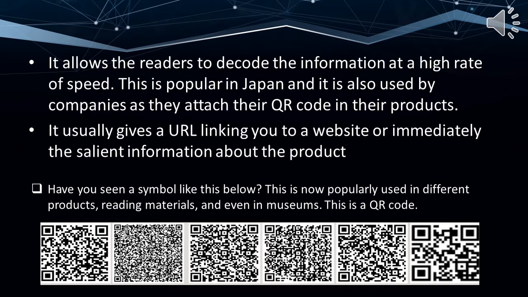It usually gives a URL linking you to a website or immediately the salient information about the product, just like what I have said lately. Below are examples of QR code, and it is popularly used in different products, reading materials, and even in museums.